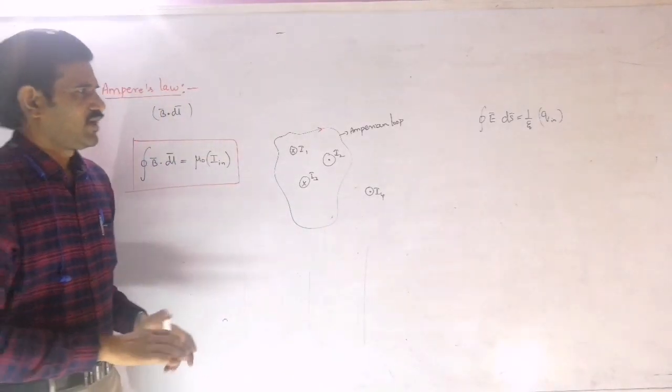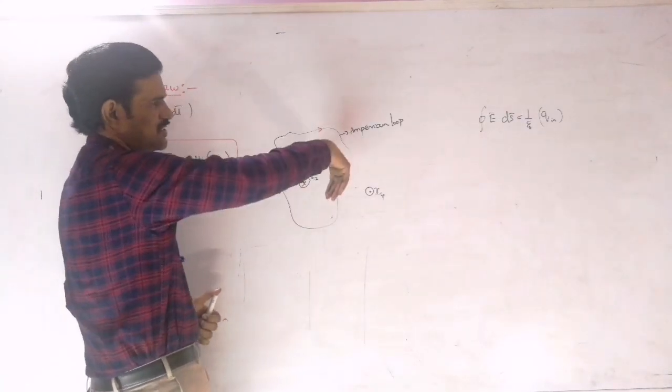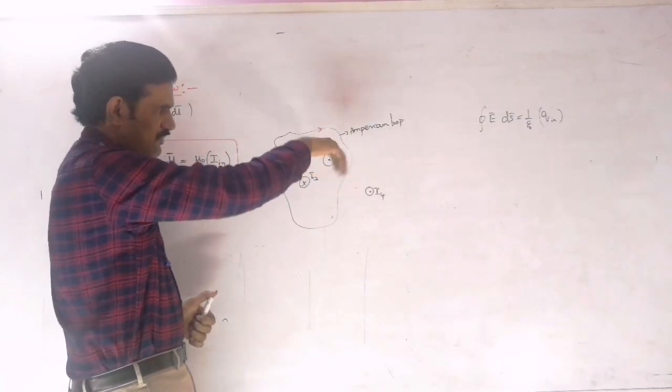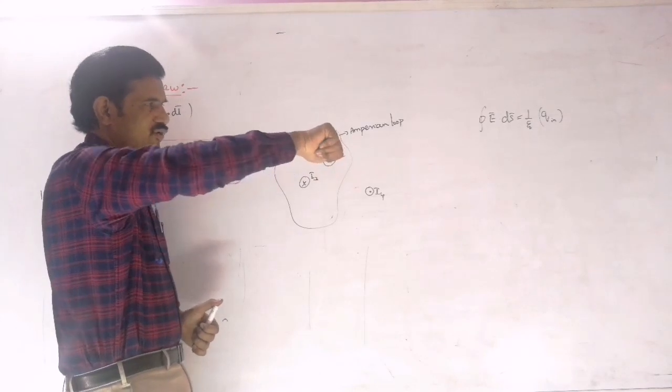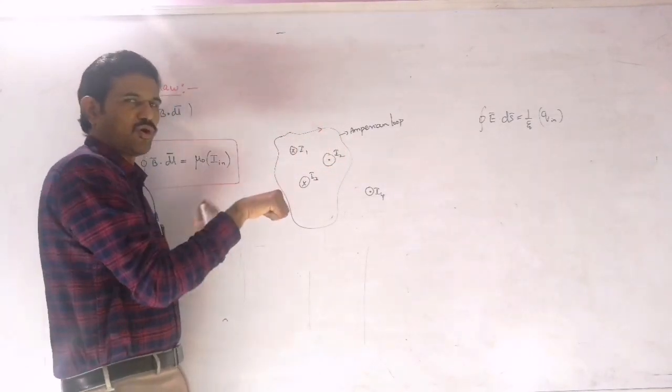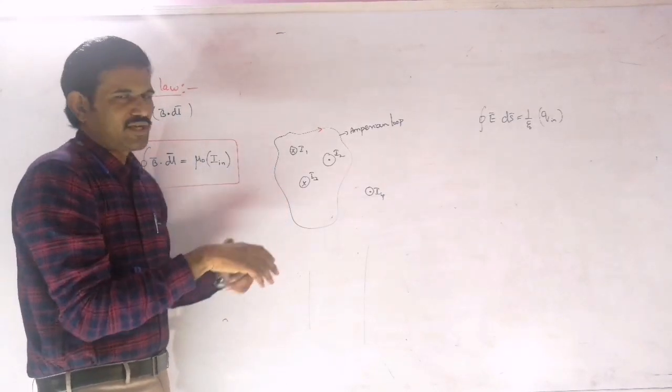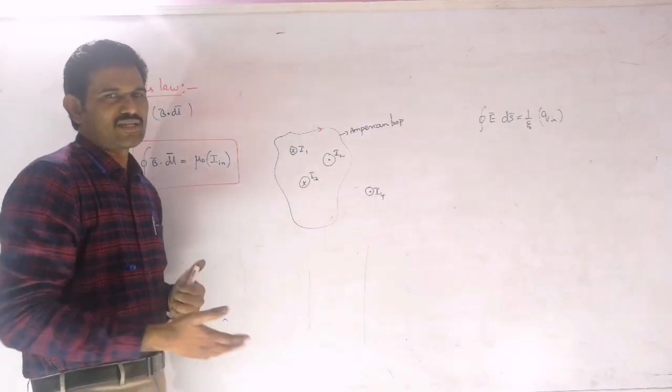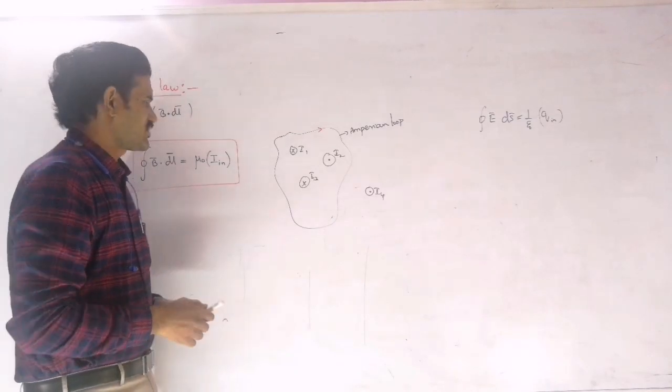Suppose I take this as the positive direction of integration, then according to the thumb rule, all the currents directed into the plane are taken as positive, and all the currents out of the plane are taken as negative. So just mention that.